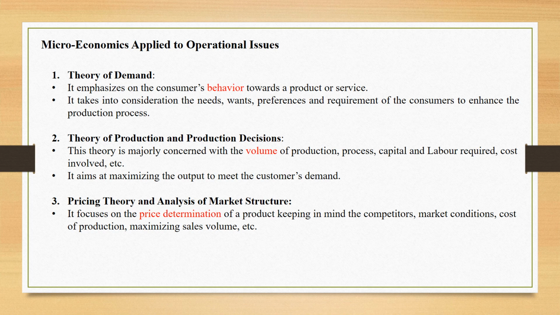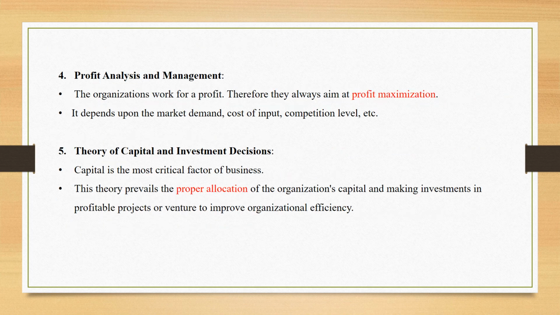Third is the pricing theory and the analysis of market structure. It focuses mainly on price determination of the product, keeping in mind the competitors, market conditions, cost of production, and maximizing sales value. Profit analysis and management. Organizations work for a profit. Therefore, they always aim at profit maximization.